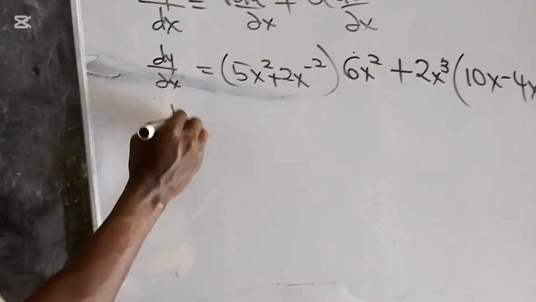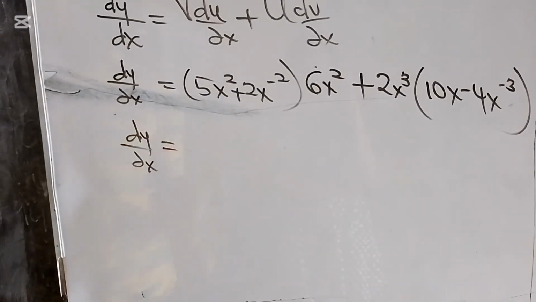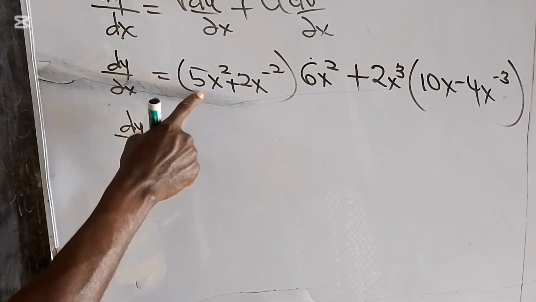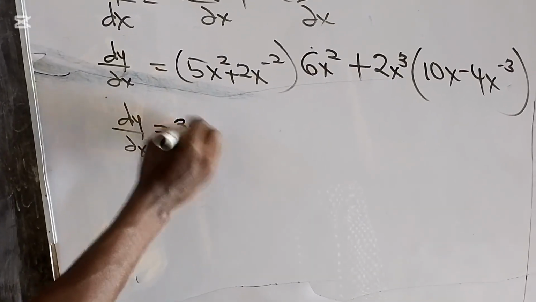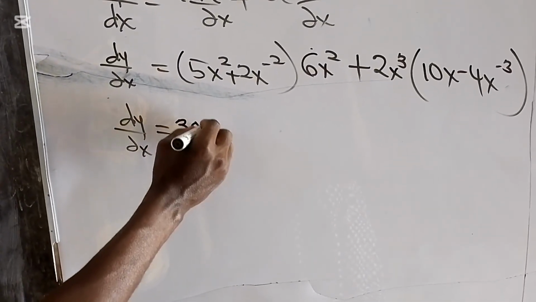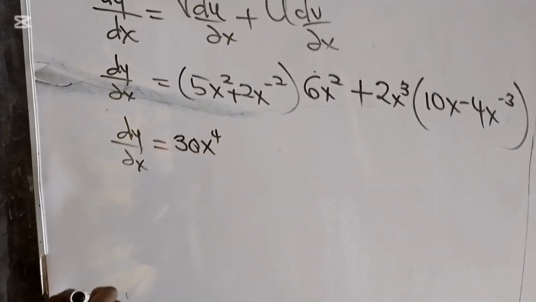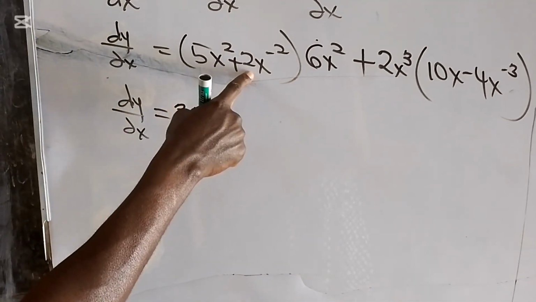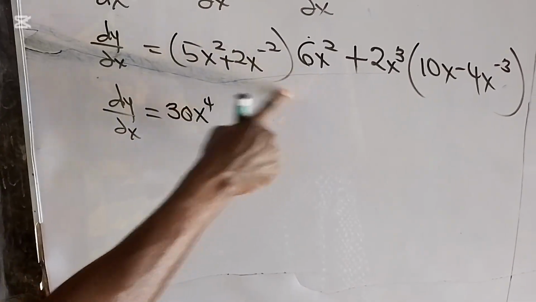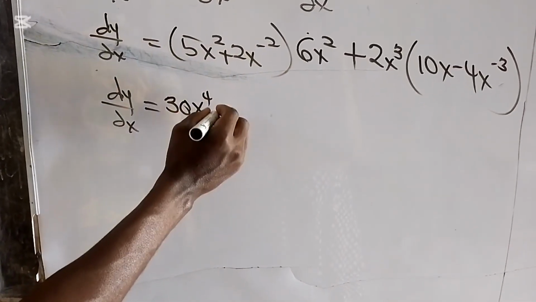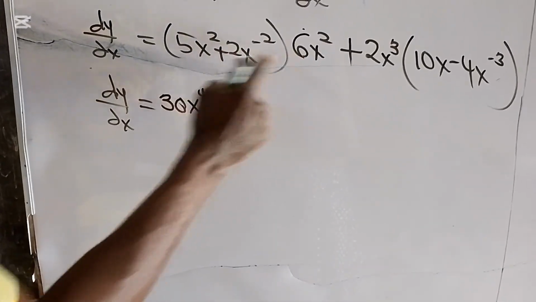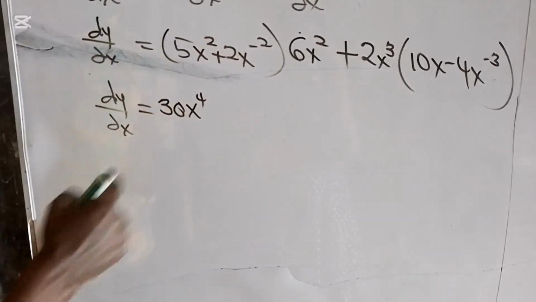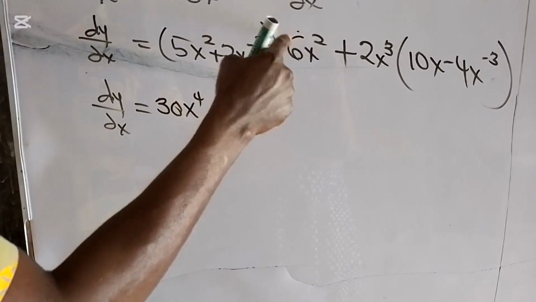So let's open the brackets now. So dy dx is equal to 6 will multiply 5x. It will give us 30x to the fourth power. This and this will give us 30x to the fourth power. And this and this, it will produce 12. And this will also produce 0, because negative 2 plus 2 will produce 0.